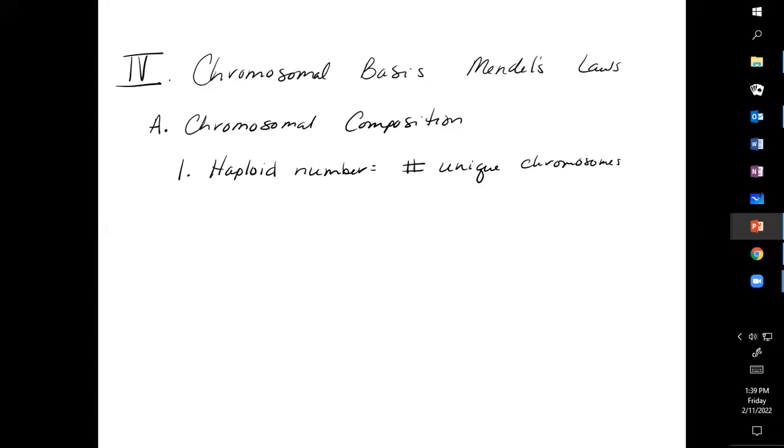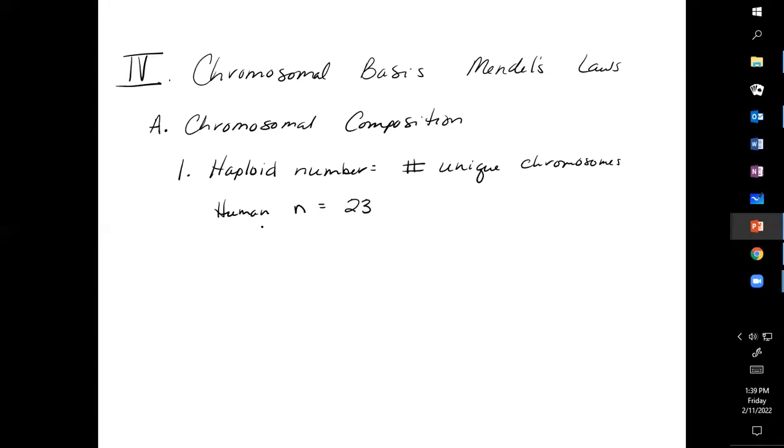So how many are different? In humans, the number of different chromosomes in human cells, we call it the N number. In humans, there are 23 unique or distinct chromosomes. And so that's the haploid number.